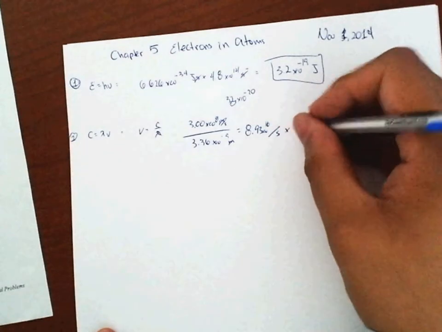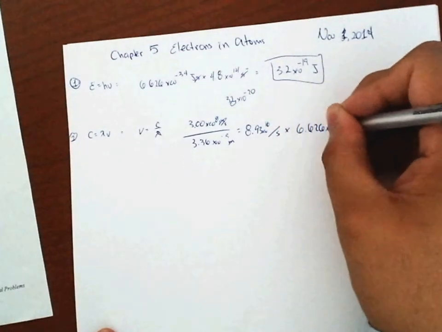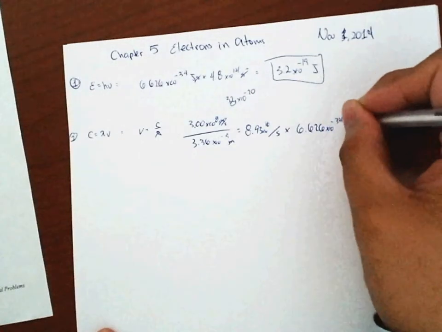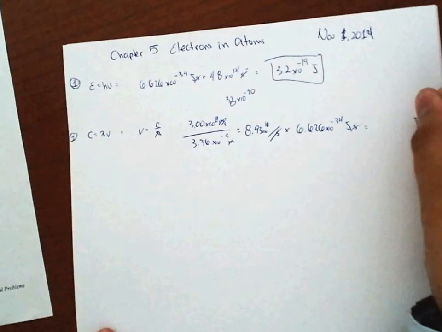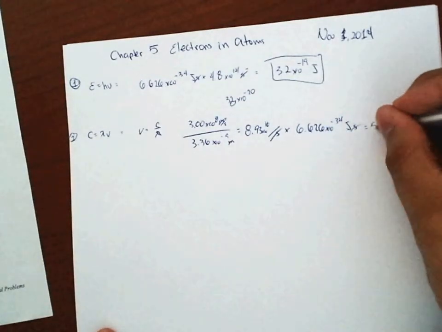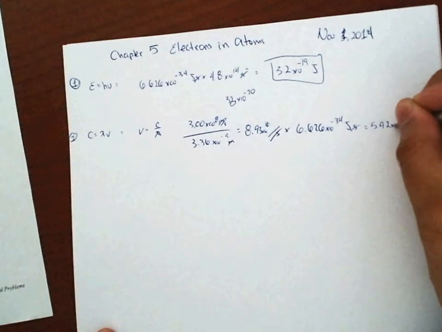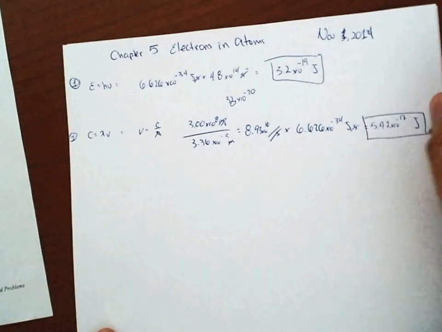This I'm going to multiply by Planck's constant of 6.626 times 10 to the negative 34 joule seconds. Seconds cancel out, so I'm left with joules, giving me energy. When I multiply these, I get 5.92 times 10 to the negative 17.